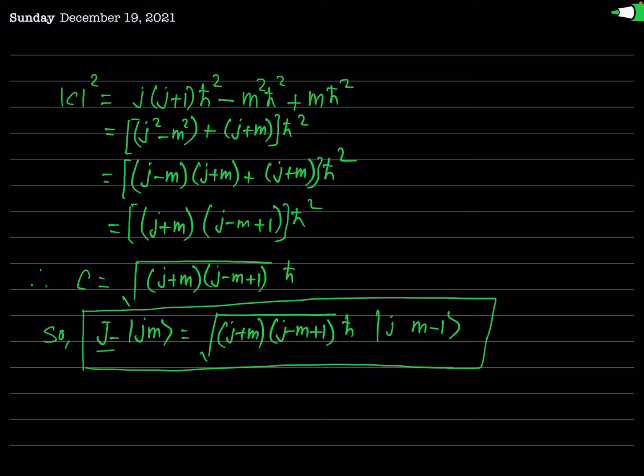For your NET JRF examination, this concept is also very important, because in objective questions they ask: if the eigenstate of the operator J square is changed from ket jm to ket j, minus m, what will be the effect on the eigenvalue of the operators J square and Jz? Problems like that are asked in competitive examinations too. So this concept is equally important for the various competitive examinations along with the university examination.